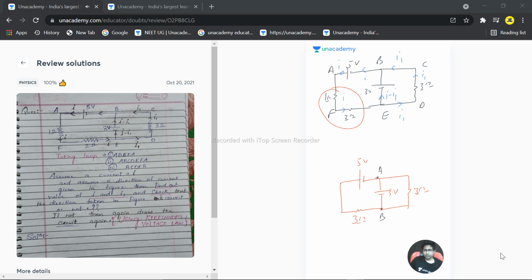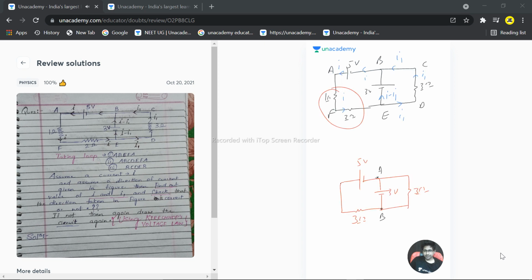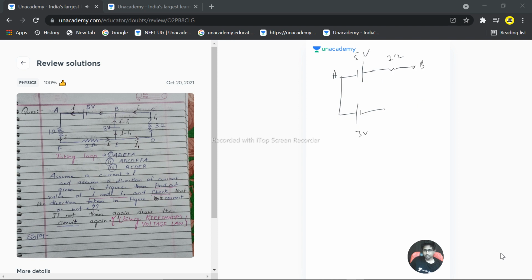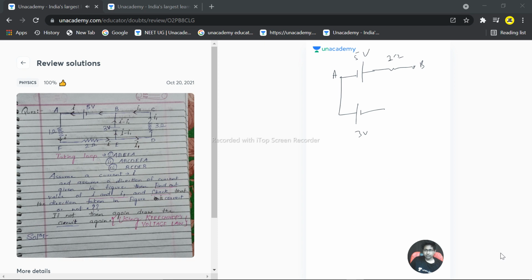The 3 ohm is attached to B. Further, A is also connected to plus 3 volt, and B is connected to plus 3 volt. A and B both ends are connected to that 3 ohm resistor.